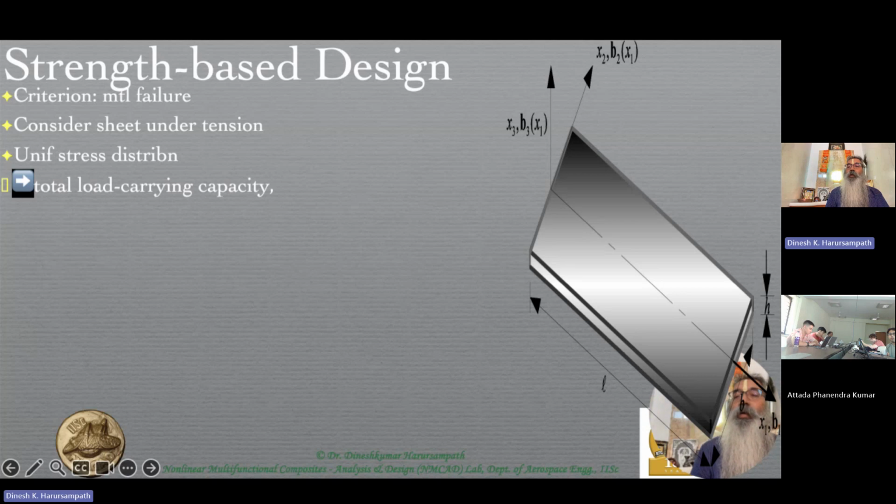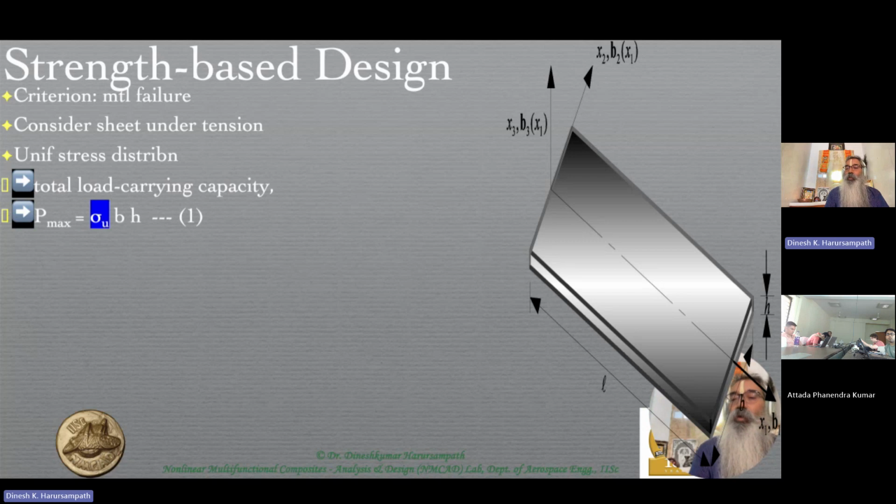You'll have a dog-bone kind of shape, and there are certain regions more susceptible to damage, and that's where you'll typically have the fracture. What we're trying to determine through such an experiment is the maximum load it can take. That's why we're calling it the total load carrying capacity of this structure.